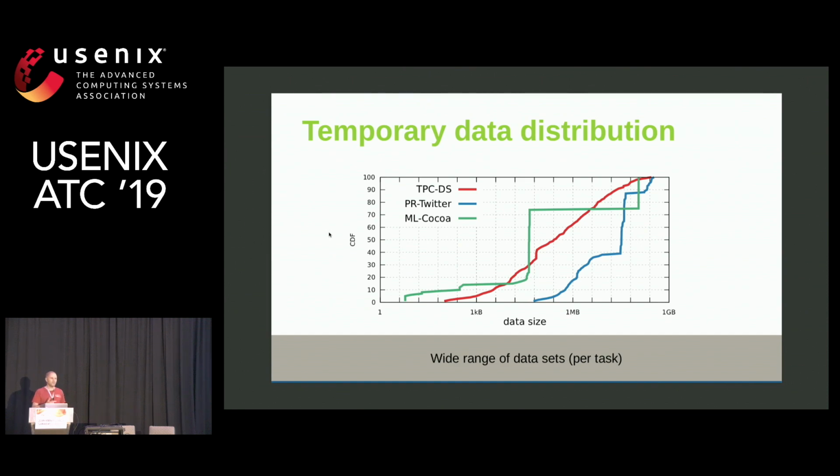This graph shows the amount of broadcast and shuffle data generated per task for a TPCDS workload, a PageRank workload on the Twitter graph, and a machine learning workload on the Cocoa framework, all executed on a Spark cluster. The main observation here is that the data covers quite a wide range. It starts from a few kilobytes all the way up to 1 gigabyte.